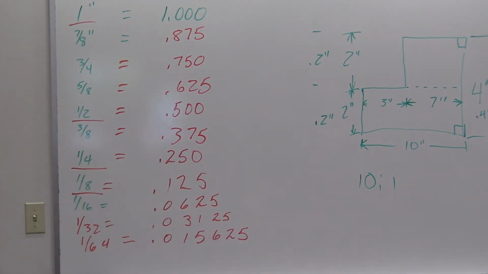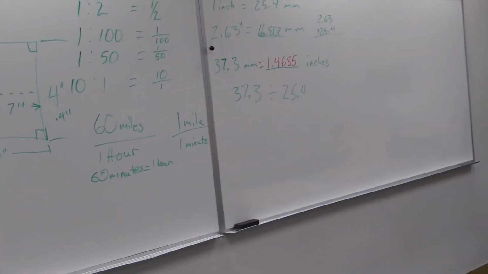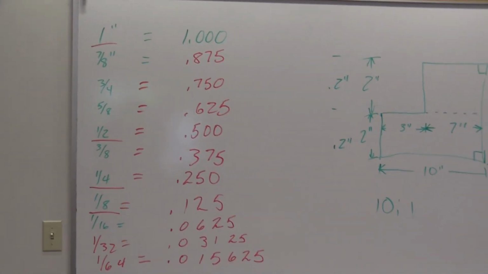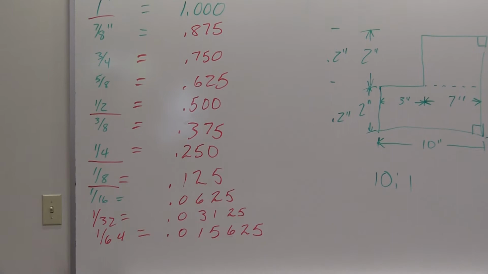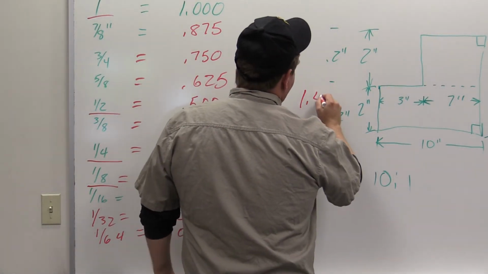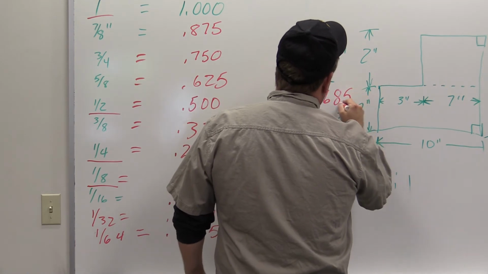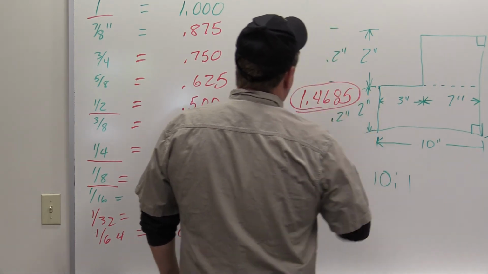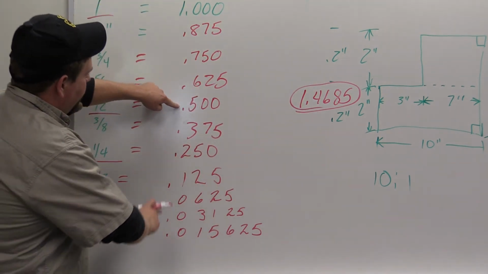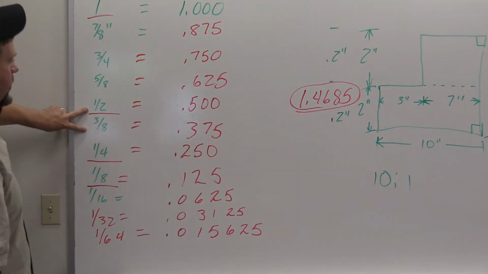So real quick, back over here on this equation, we had 1.4685. Okay? So we want to know what that's closest to. Well, we're less than 0.50. And we're higher than 3/8.